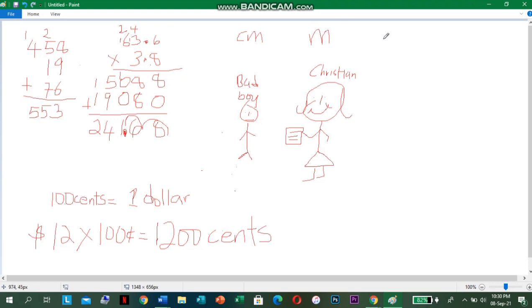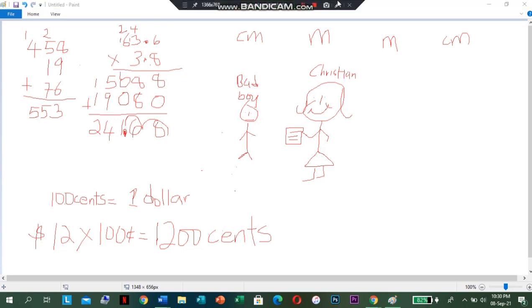If you are converting from meter to centimeter, we multiply, because meter is larger than centimeter. So when converting from a larger unit to a smaller unit, we multiply. When converting from a smaller unit to a larger unit, we divide.